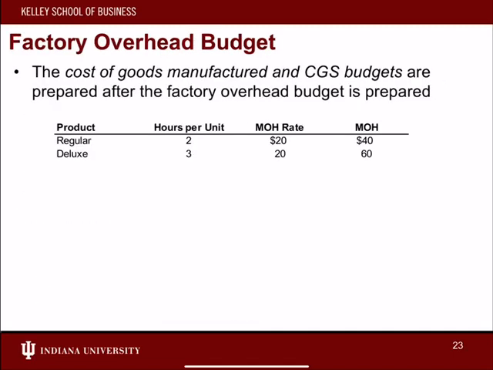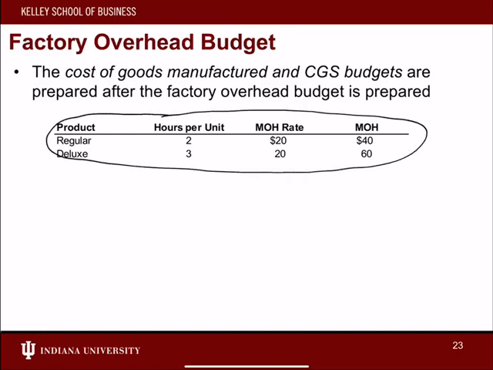Factory overhead, it's pretty straightforward. The easiest way to explain this is just to do it through a practice problem that you'll get to in a minute. But we just know that if our products take 2 hours to produce, we know our manufacturing overhead rate. In this instance, the driver is hours. We know that we apply $20 per hour, so per product we'd apply $40.